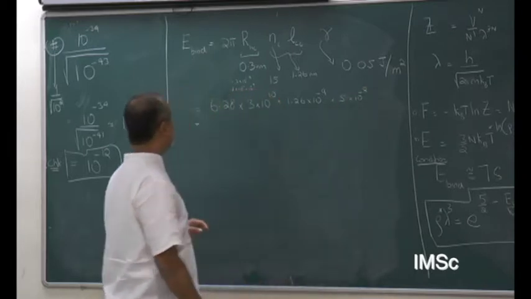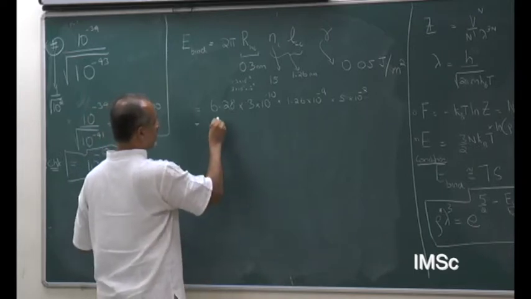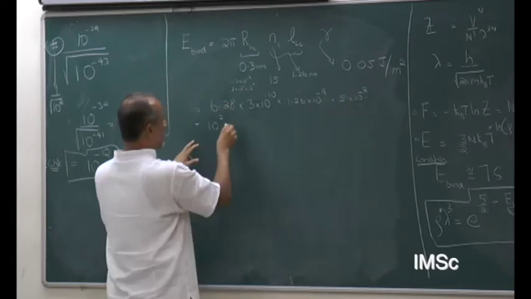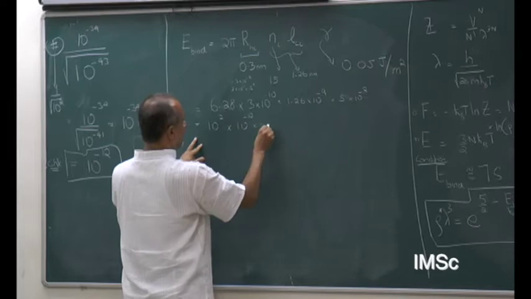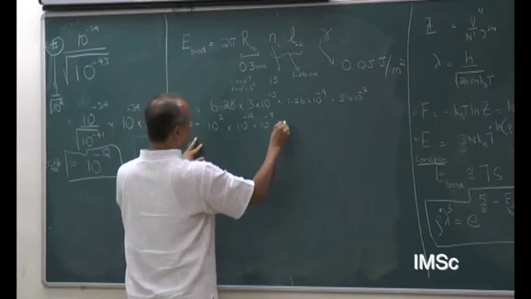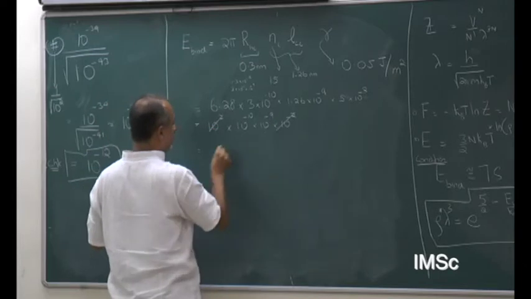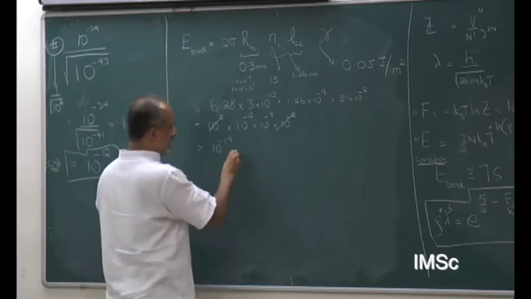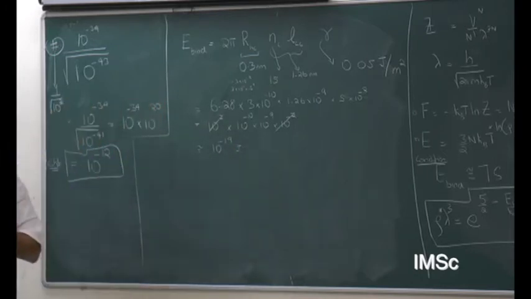So that becomes 5, 6 5s are 30, about 100, let us say, 10 to the power 2 that comes from here, here, here, and here. Okay? Multiply this by 10 to the power minus 10, multiply this by 10 to the power minus 9, multiply this by 10 to the power minus 2, which is, so now this and this will go. This is approximately 10 to the power minus 19. And the unit should be joules, approximately.